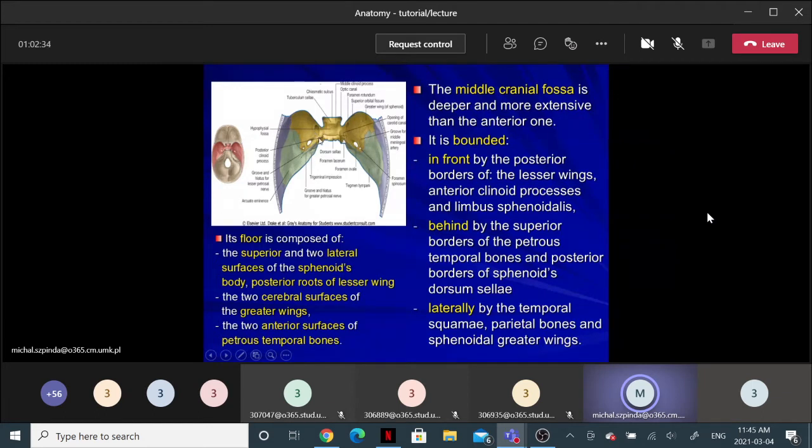And while looking at the external cranial base, we cannot see the foramen rotundum because it's deeply hidden in the pterygopalatine fossa.